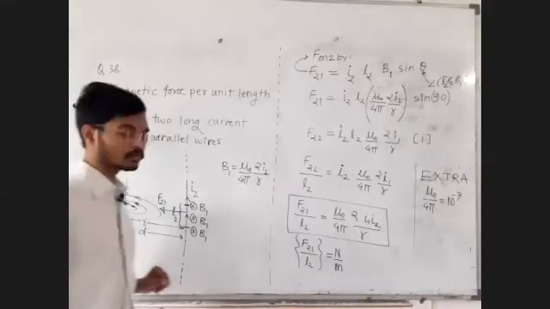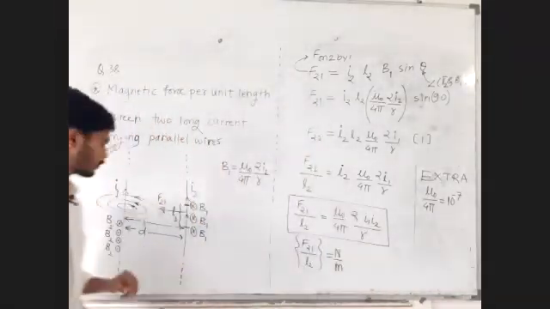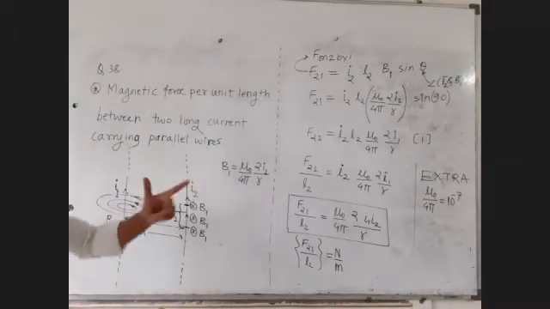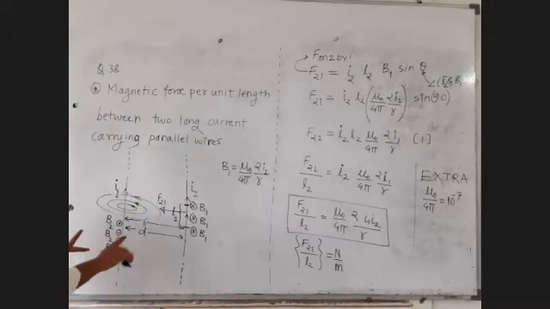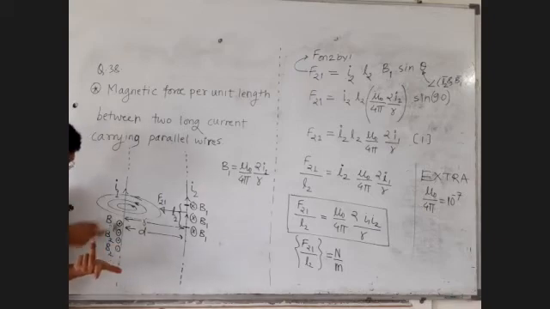Now you have the first wire, which is a current carrying conductor placed in the magnetic field of second wire. Now again use Fleming's left hand rule. Now the magnetic field is coming out, so first finger is coming out. Current is going up, so middle finger going up.